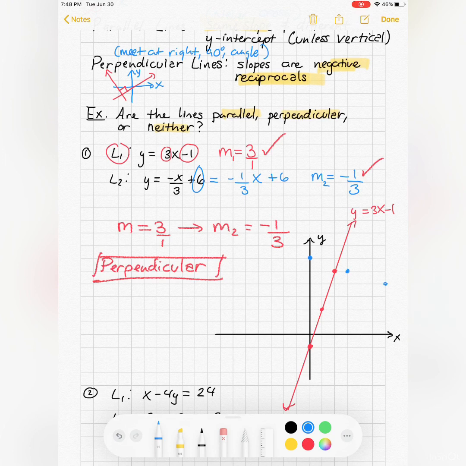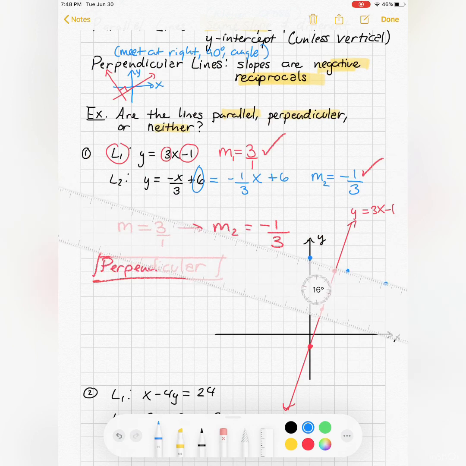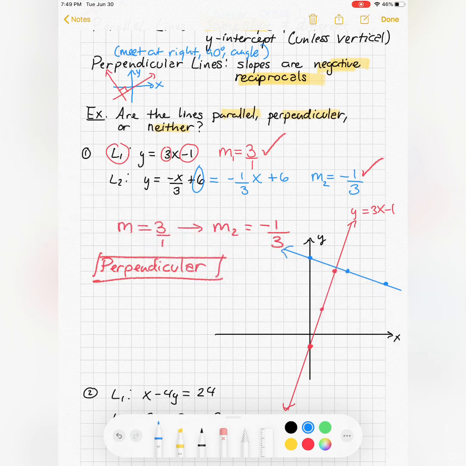Down 1, right 3, etc. So that's negative a third x plus 6. So these guys, see how they meet at a 90-degree angle there.